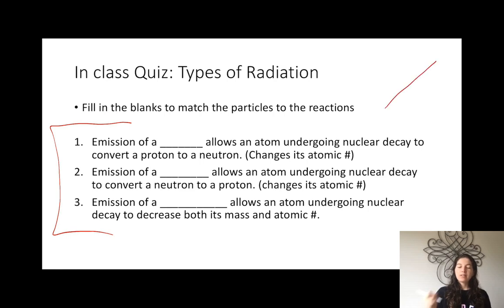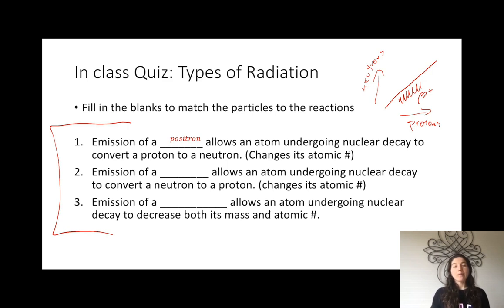So on our scale, if this is protons and this was neutrons, these are going to be our proton-heavy elements. And this happens with positron emission, or beta plus.